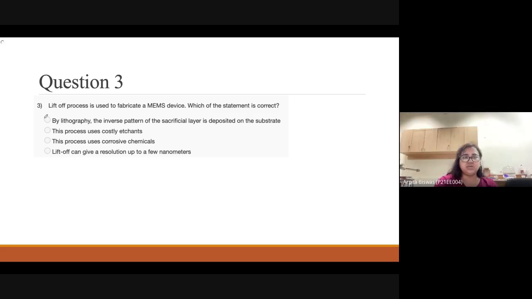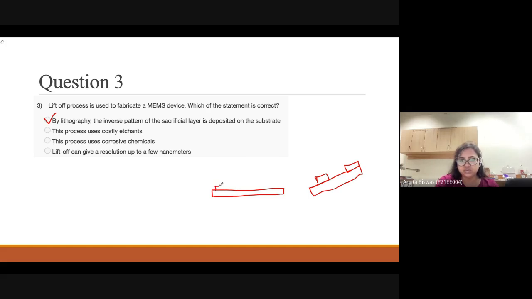Okay, so here you can see there is a layer. If you want to deposit this type of structure, there is the gold electrode. If we want this type of structure by the lift-off process, what will we do?